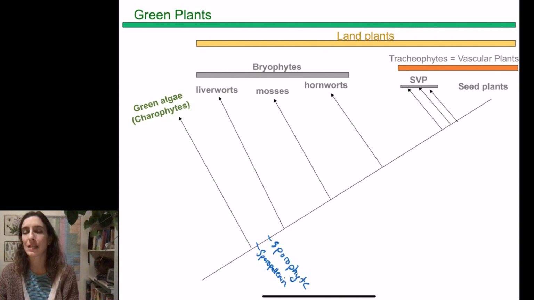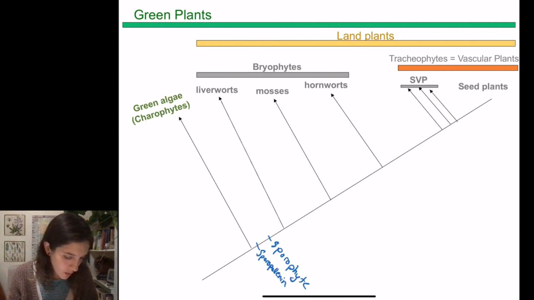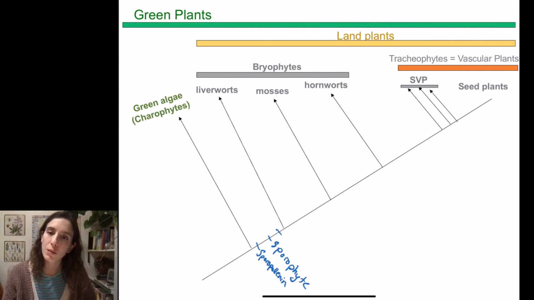Ancestrally, the zygote would undergo meiosis, but a sporophyte implies that the zygote underwent mitosis. Something else shared between all 3 of these, and the tracheophytes, is the presence of the antheridium and archegonia. So in other words, we've got gametangia present.